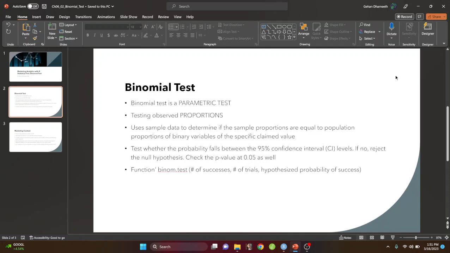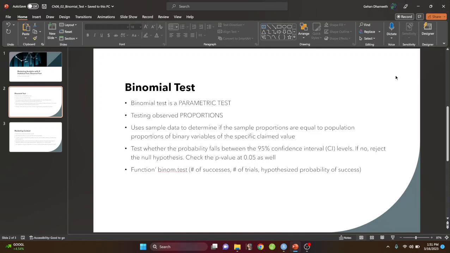So binomial tests are more appropriate to work on or test on where there is dichotomy, or in other words, where there is a binomial distribution, where there are two levels of test that you want to do.